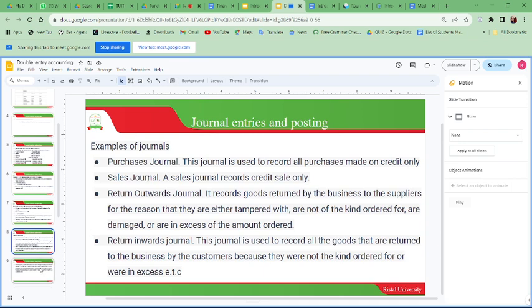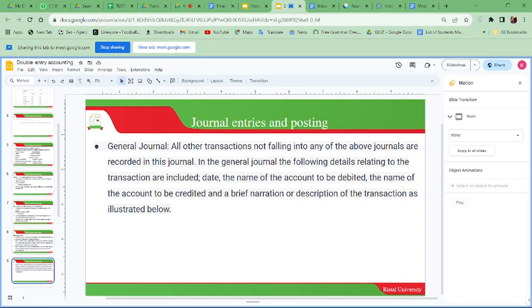When we look at general journal, we have the format that we follow. So we have to write the date, we write the name of the account to be debited, and then the name of the account to be credited, and a brief narration or description of the transaction.